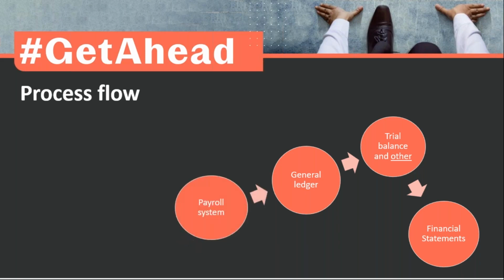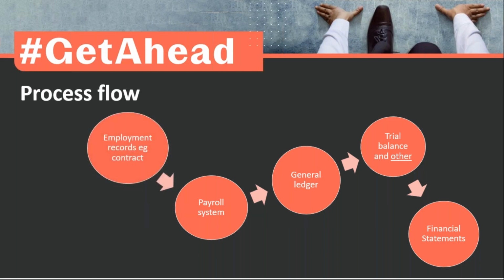In terms of employee costs, the payroll system is what gets into the general ledger. So your general ledger will have components of what has been processed in the payroll system. Generally, employee costs will be in a separate system, so they will not be processed directly into the GL.